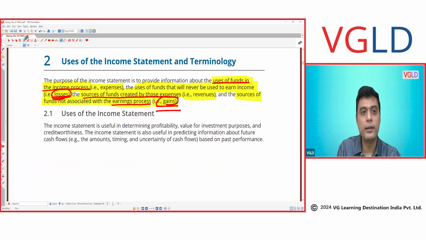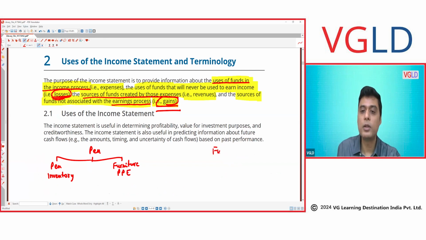So don't worry, I will write it here again one more time. For a pen manufacturing company, pen is inventory and furniture is PP&E. For a furniture manufacturing company, furniture is inventory.